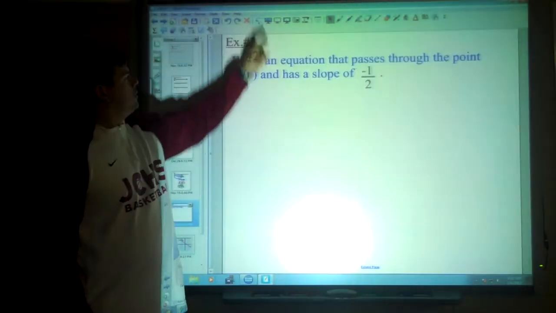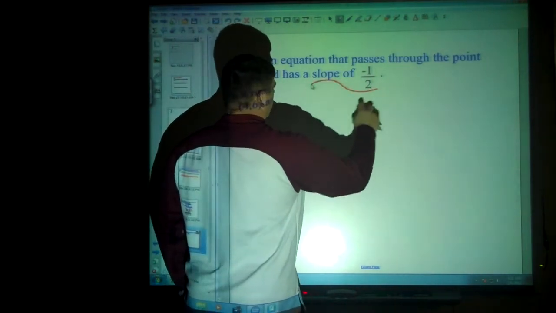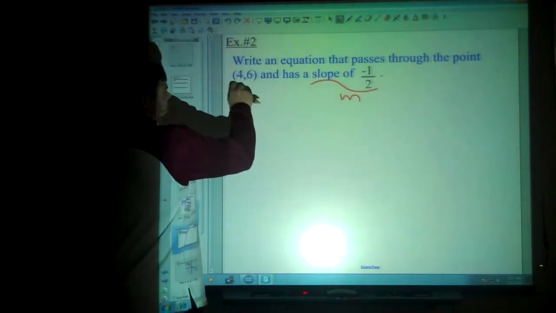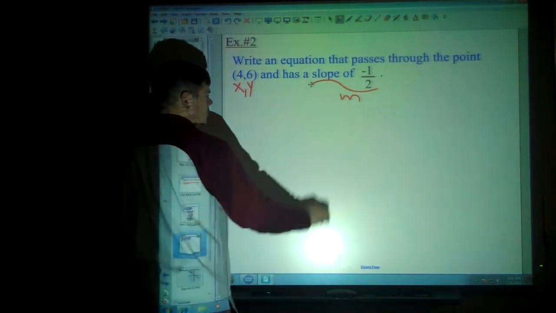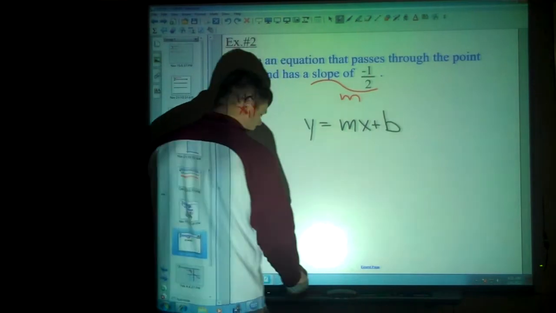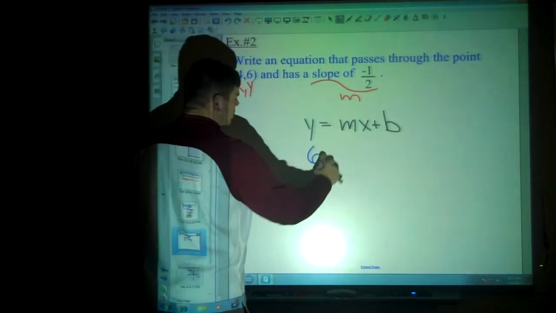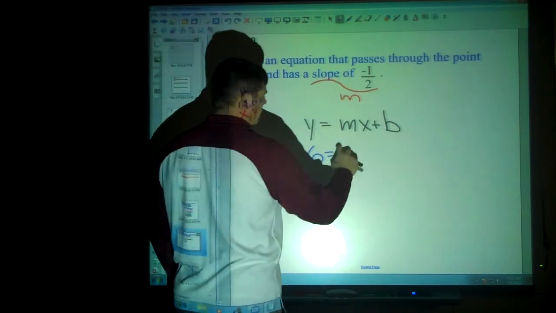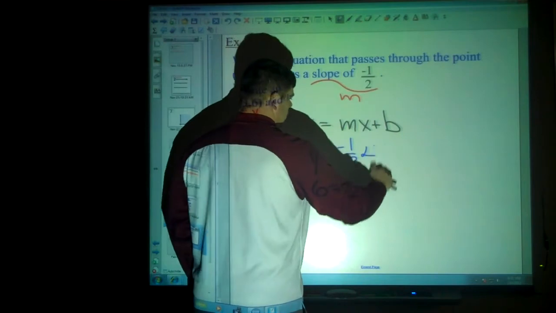Let's try another one. Same concept. This is your slope, so that's m, and this is a coordinate, x and y. We know we're going to use the form y equals mx plus b, so we substitute in all the known information. My y value is 6, my slope is -1/2, my x value is 4.